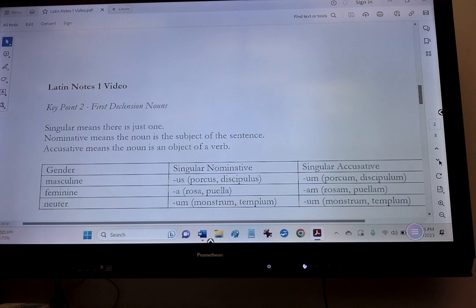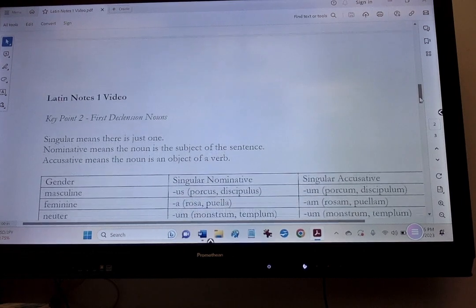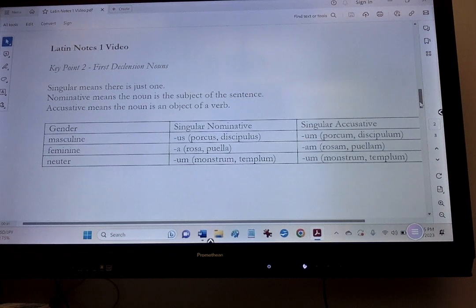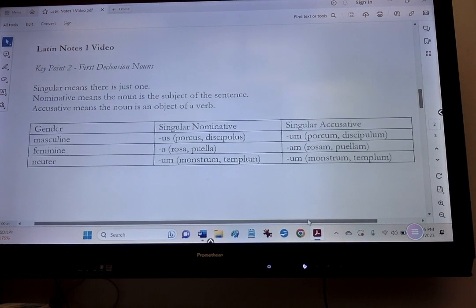Now we move to key point 2, which is the first declension of nouns. A declension is a group of nouns that share common characteristics. The first declension of nouns are what we're working with right now. All of the nouns that you have are first declension.